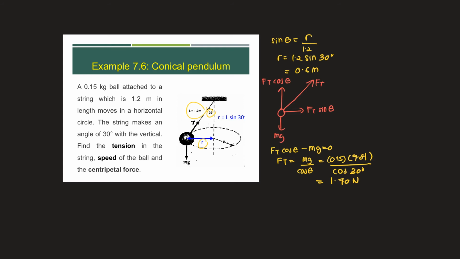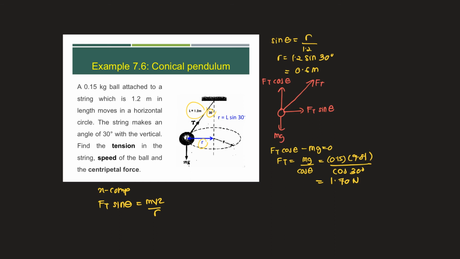Then another question asks you to find the speed of the ball. For that, you definitely need to come up with the x component, which means ft sine theta equals mv square over r.